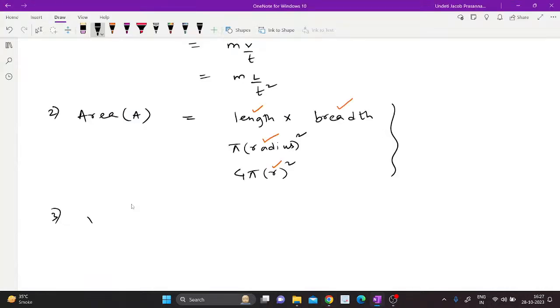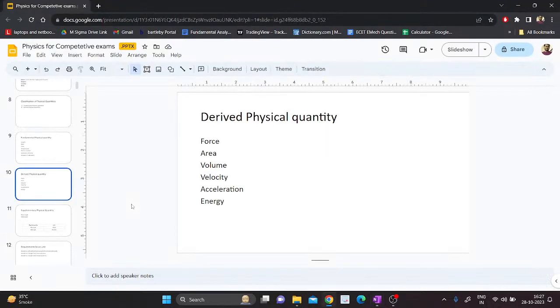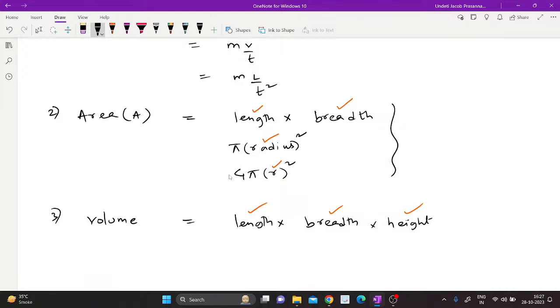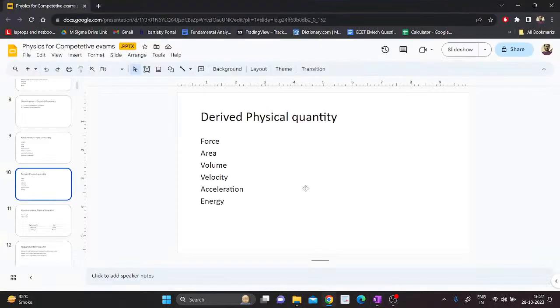Similarly, volume. I'm simply taking a cuboid here. Volume can be taken as length into breadth into height. All of them are fundamental physical quantities. Understood? Clear? Similarly, velocity is distance by time, so that can be divided.